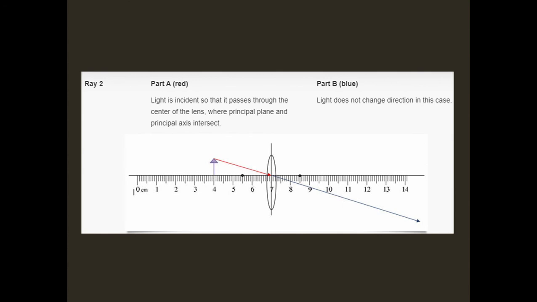Alright, so just like you can notice right here, one more time, we have one light ray that comes from our object. The object, of course, is signalized by the purple arrow that you have in number 4. And the ray does not go as in the way before. It is not parallel to the x-axis that is going right through the middle of our lens.